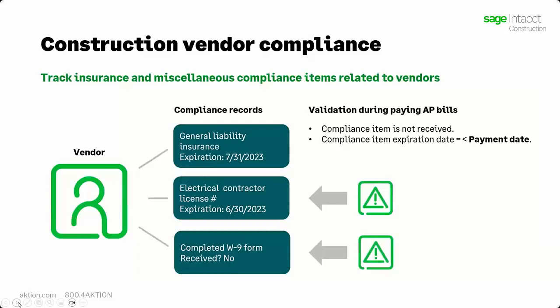So for this release, you'll be able to track insurance and miscellaneous compliance, all related to vendors. Those compliance records will then be linked to the vendor record. There will be an additional tab available. And then the validation of whether a vendor is non-compliant will be available when you go in to pay your bills. So there will be various messages received based on the compliance setup.